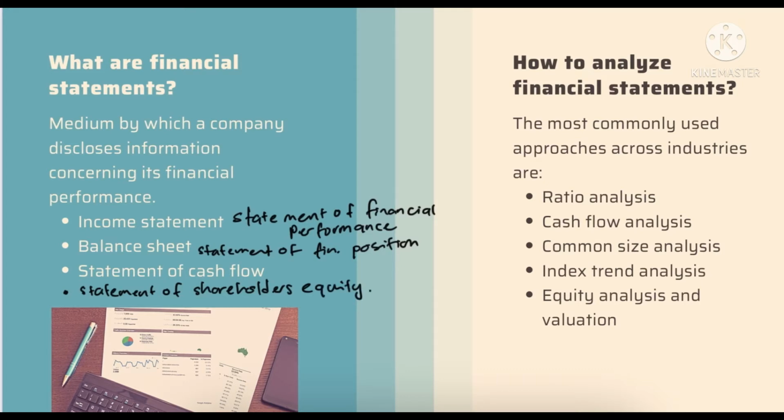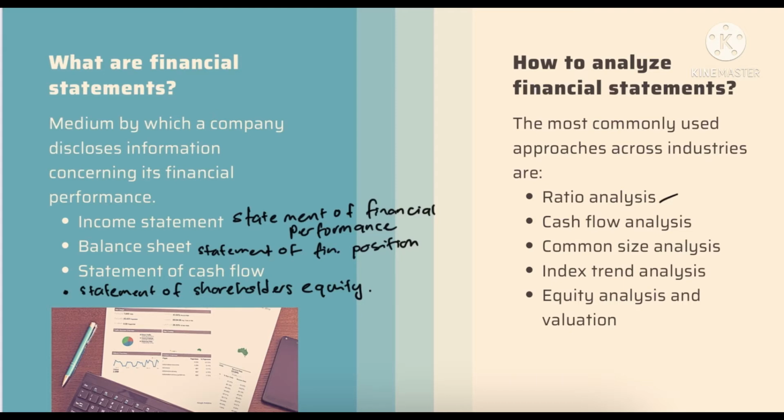Next, we want to know how to analyze these financial statements. Although there are many ways used in practice, the most commonly used approaches across the industries are, first, ratio analysis. You have already learned this in Fundamentals of Finance, and even in personal financial planning you calculated the ratio analysis, but for the individual. This time we are going to calculate the ratio analysis to look at the performance of the firm or the company.